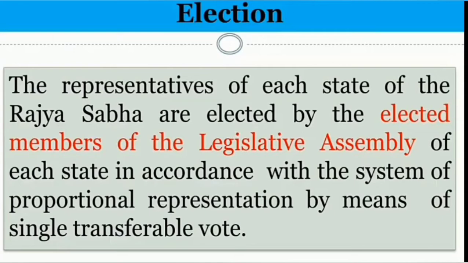Now, what do you mean by single transferable vote? The election is by secret ballot. Under this system, all the candidates are listed and the elector gives them numbers according to his preference.